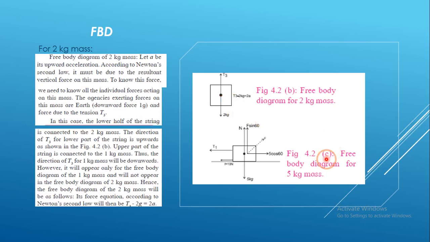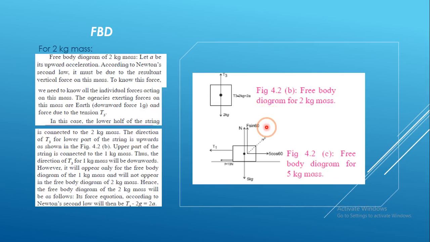You can go through that. In this, we are going to consider A as the upward acceleration. According to Newton's second law, we can find the resultant vertical force on this mass, and due to that force only, this upward acceleration acts on that particular body.